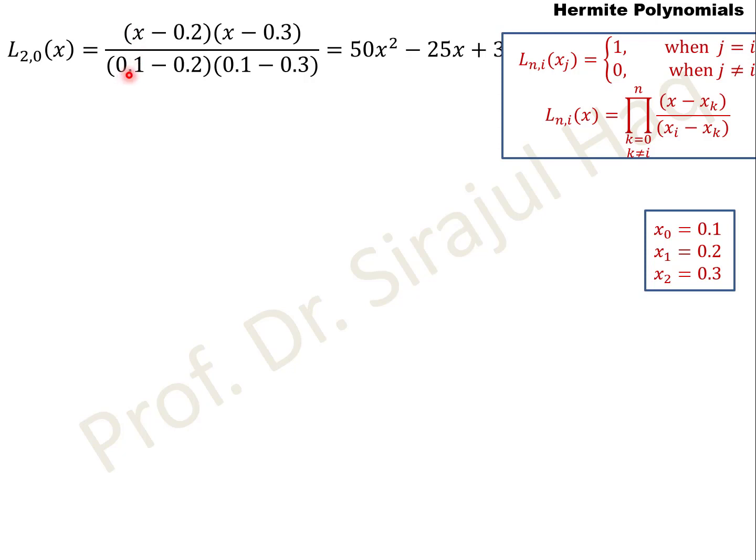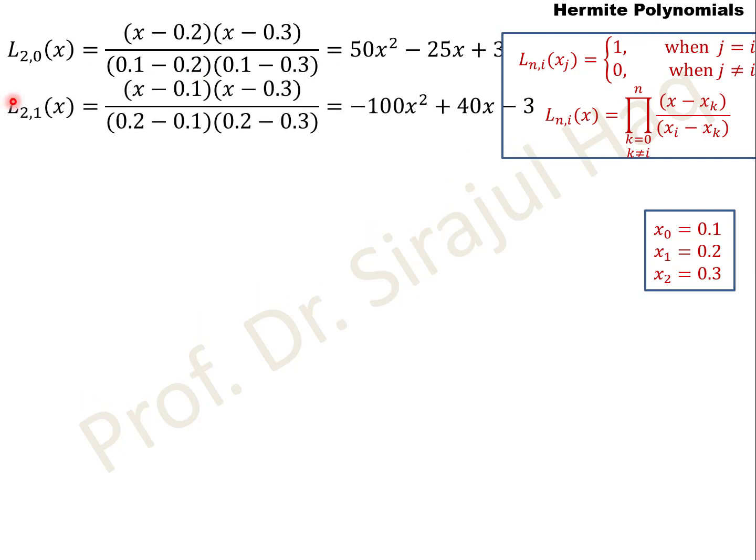x naught is 0.1. So 0.1 minus 0.2, 0.1 minus 0.3, and if you simplify this one, you are getting a polynomial of degree 2 given by this expression. When i is equal to 1, this is the Lagrange coefficient corresponding to x is equal to x1.